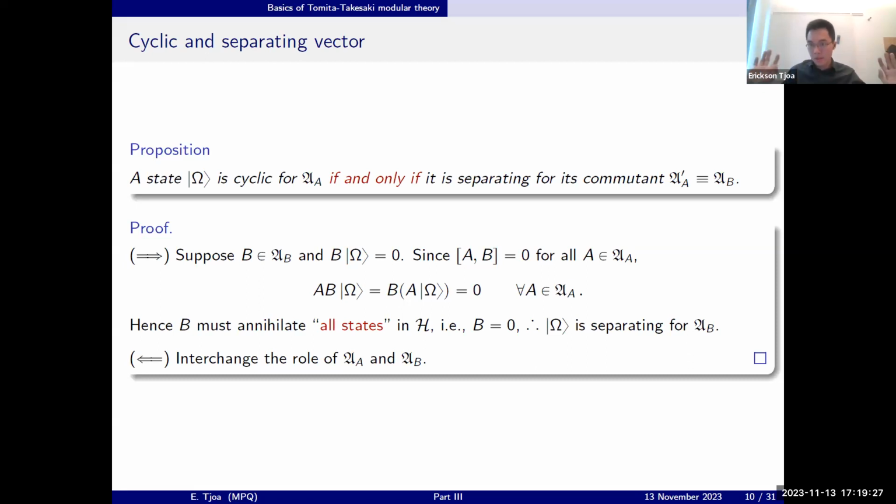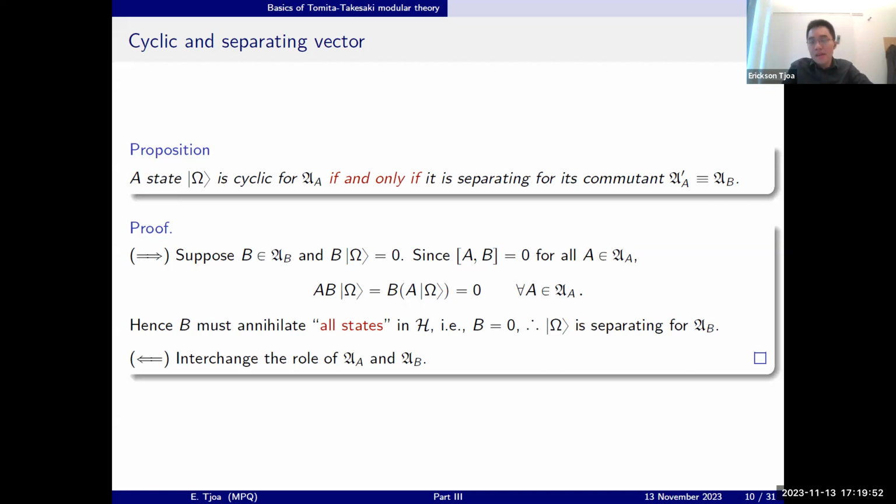The way to prove it is actually very straightforward, and I will leave this proof here. For one direction, you say that there is an operator that annihilates the vector. Then since they commute, you can just swap A and B, and you realize that B must essentially annihilate all states in the Hilbert space, because you can run through all A's in the algebra of Alice to get every possible state.